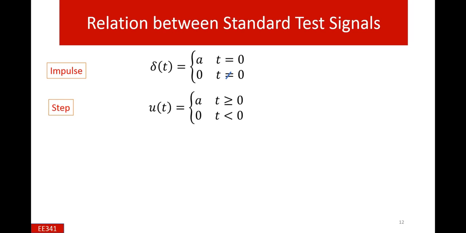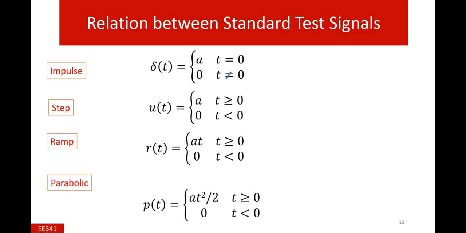And the next is the step input, and the step input exists at time equal to 0 and greater than 0. And similarly, the next one is the ramp input, which is the constant velocity, and the next one is the parabolic, and this parabolic is unit parabolic when a is equal to 1.